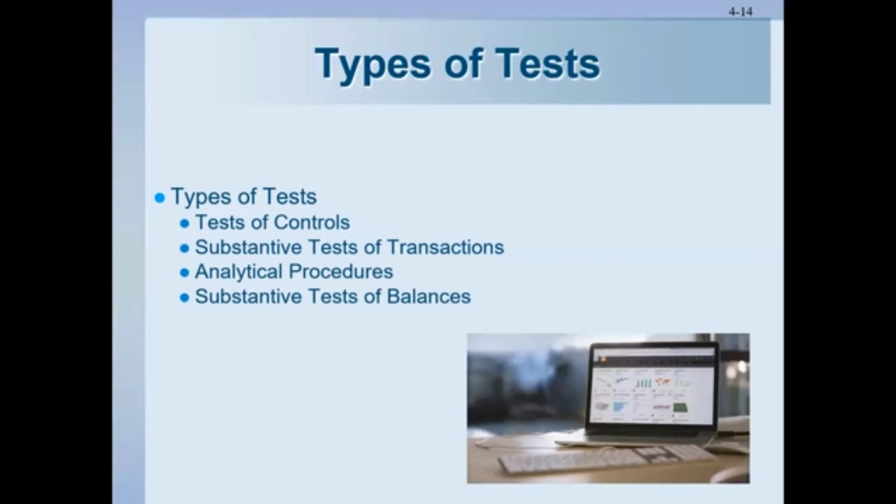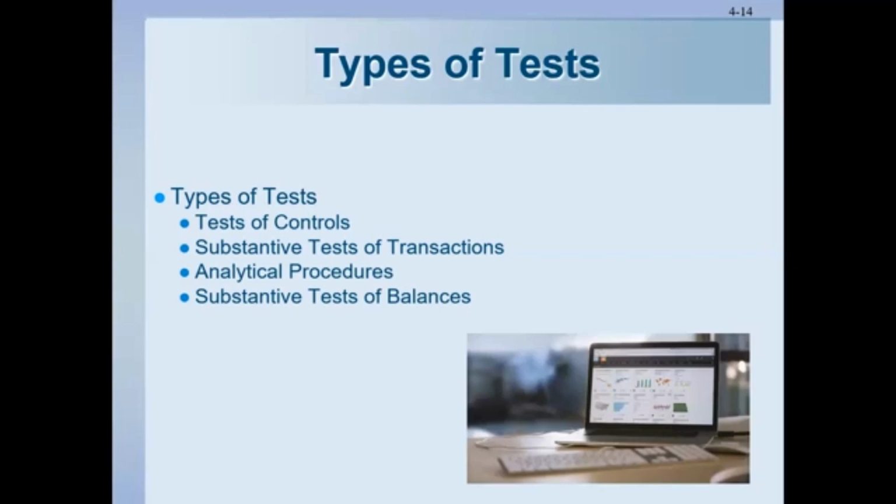Now, each of these tests is used for a particular purpose. Testing of controls, or tests of controls, is a procedure used in auditing to determine whether internal controls effectively prevent or detect material misstatements at the appropriate assertion levels.